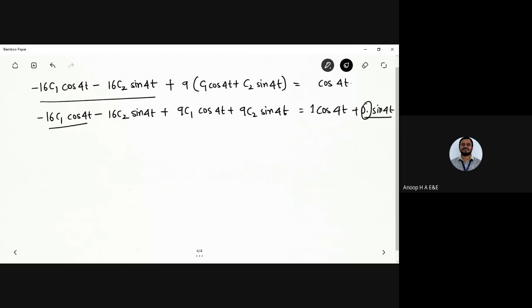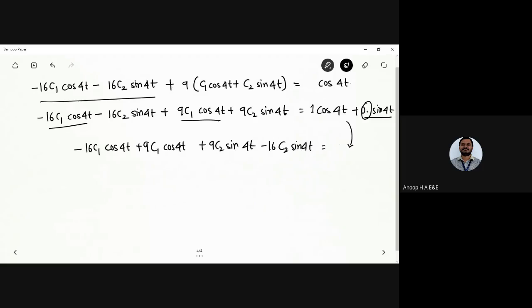Now regrouping the terms, I retain the same equation here.